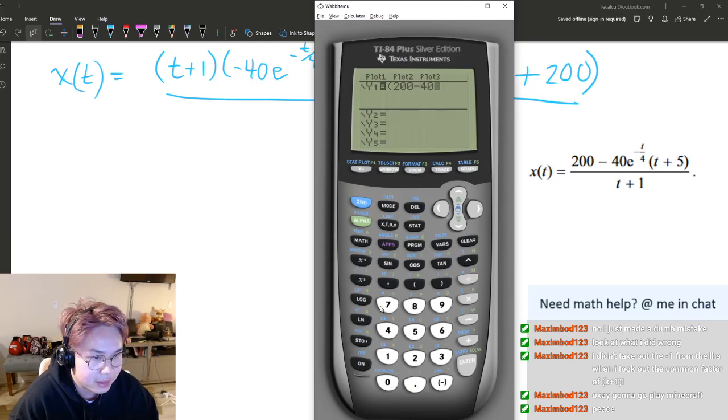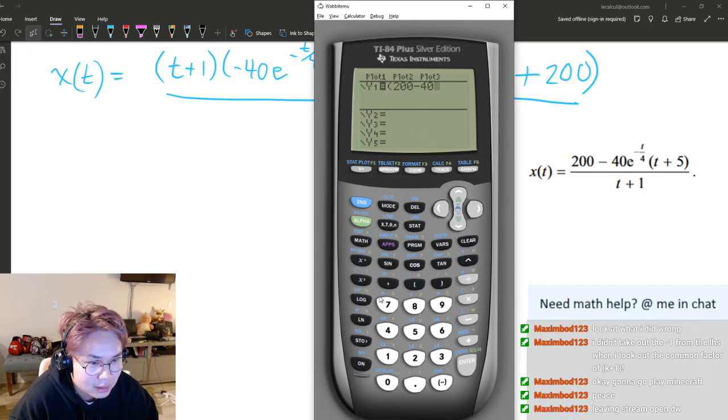So let's graph this. And then where is E? Here.